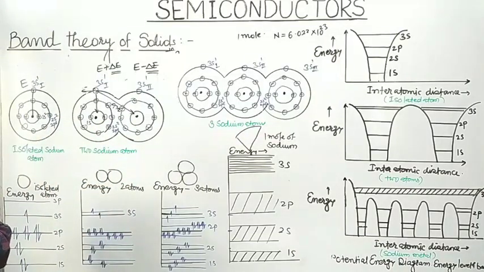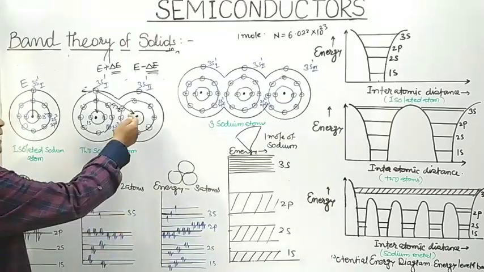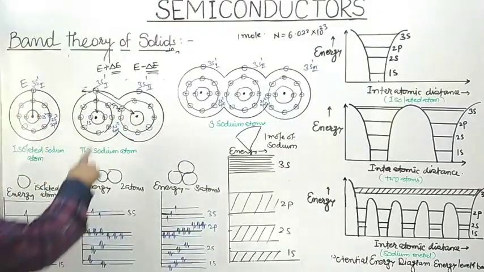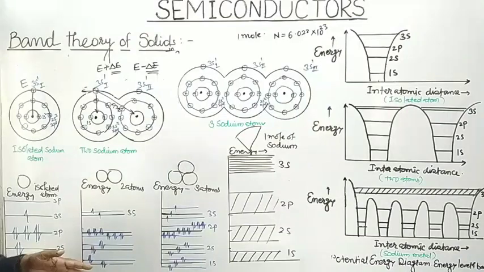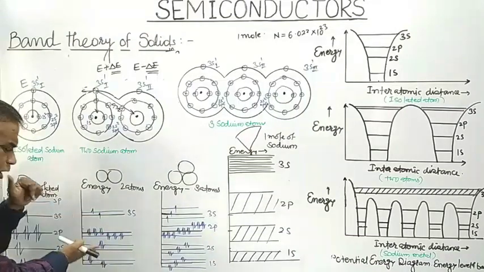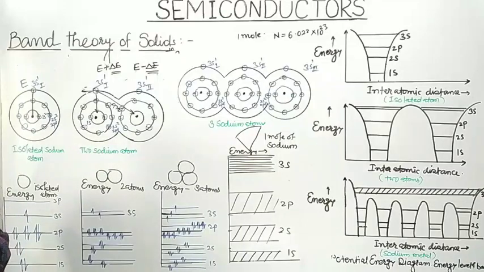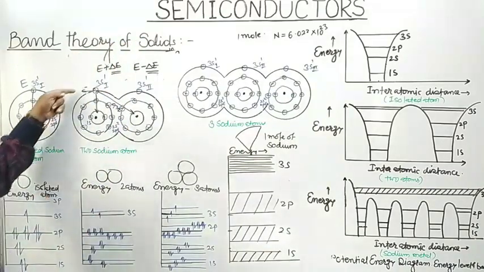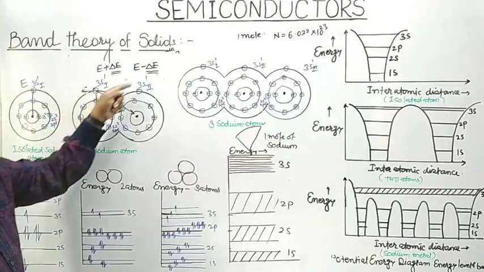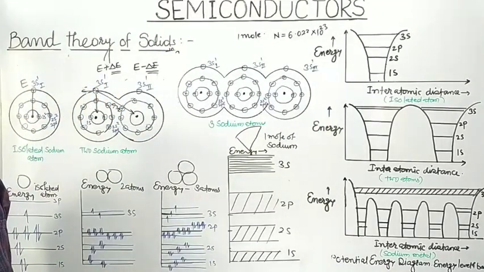Two sublevels. This happens with each and every atomic orbit: electrons in 1s orbit, electrons in 2s orbit, electrons in 2p orbit, and electrons in 3s orbit. But regarding physics, we will concentrate only on those electrons lying in the outermost orbit.